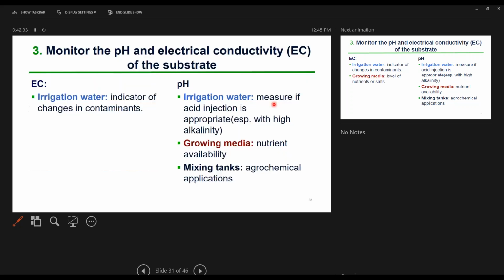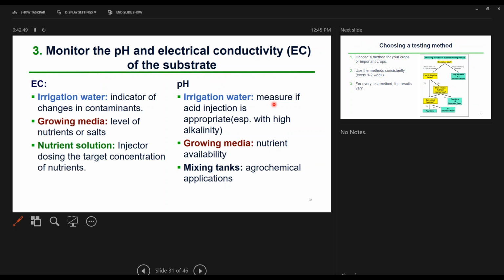So now we're going to move into the third aspect, which is to monitor the pH and electrical conductivity of the substrate. And we talked about it slightly before. Before, we were talking about what we do when we get a new batch of growing media. Right now we're talking mostly about what to do in the container, right? So why do we measure electrical conductivity in the irrigation water?